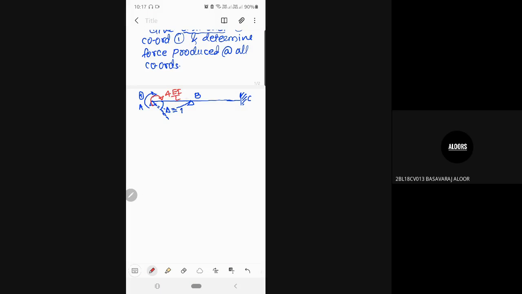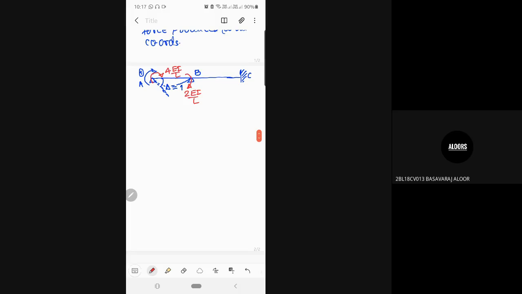At the other end it will be half, in the same direction. This is 4 EI by L, which means this will be 2 EI by L in the same direction. Clear? So half of that will be carried over to B.